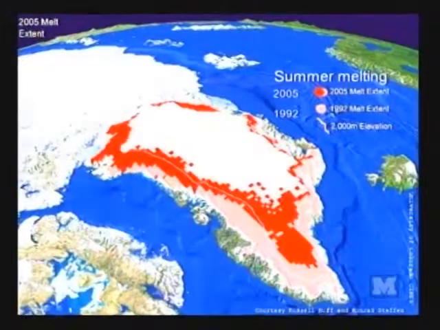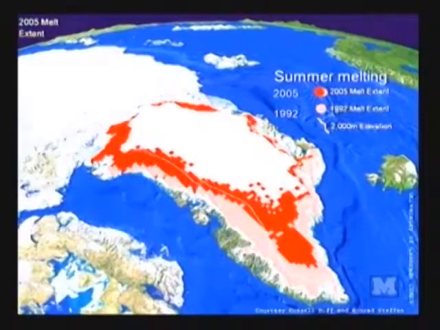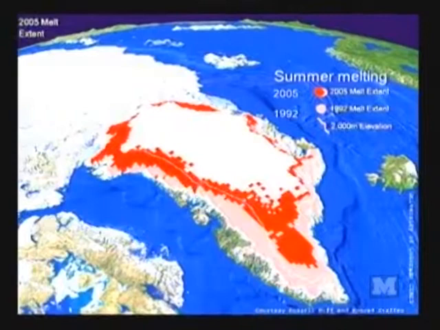But the area of Greenland that is now undergoing melting has been climbing higher and higher, and now there's melting at all latitudes of Greenland, even in the far north. You can see that it's well above the 2,000 meter line, which is this little faint line right here. So you can see that melting is well above 2,000 meters in elevation.